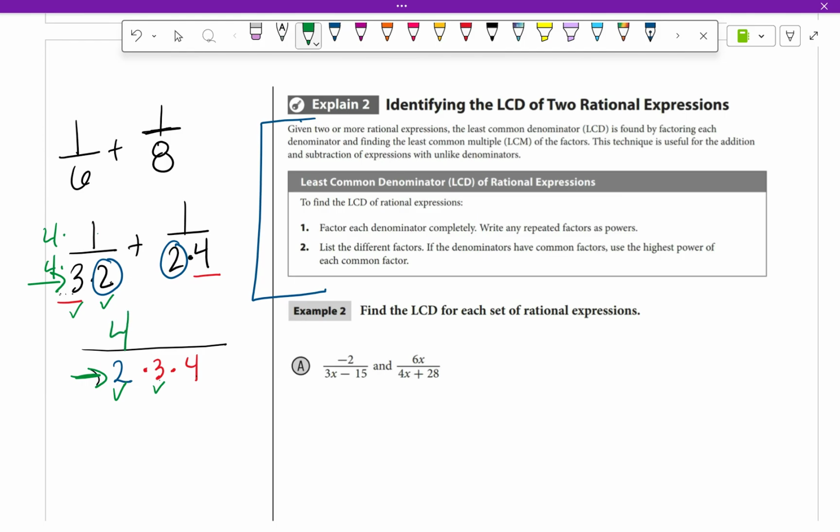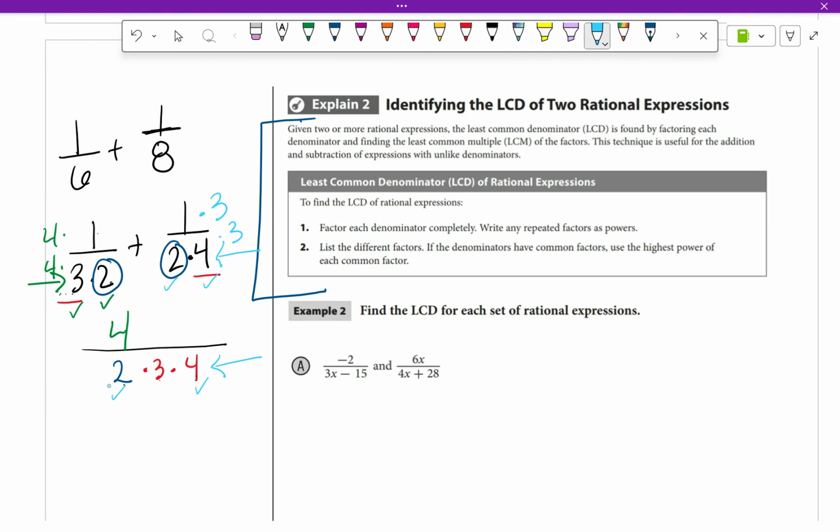Across the top, I would have 4 times 1, which is 4. All right. I'm going to do this again with the other denominator. Use a different color. We'll use light blue. I'm going to compare this denominator to this denominator. I'm going to look at what matches, and whatever is missing, that's what I'm going to multiply by. So I have 2, I have 4. What's missing? 3. So I'm going to multiply top and bottom by 3.